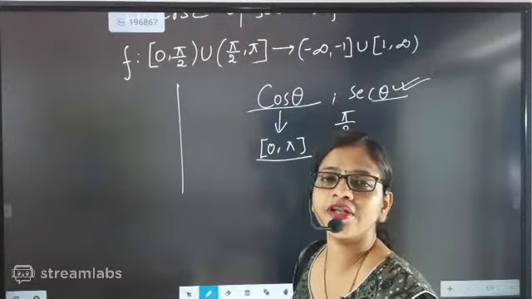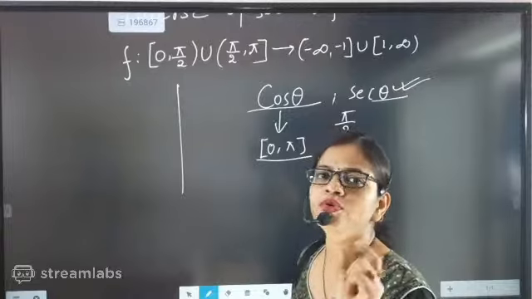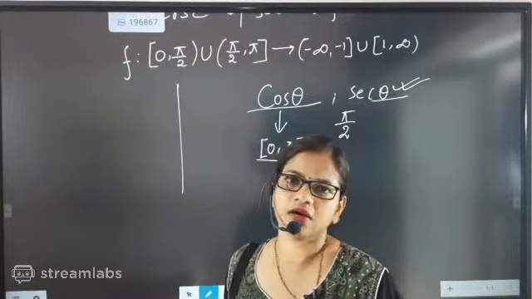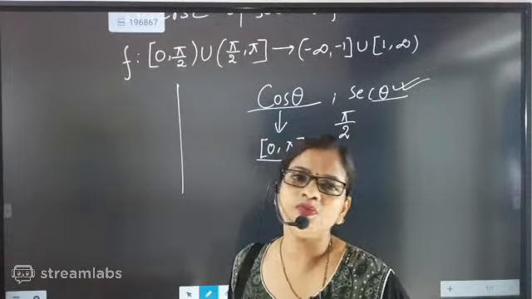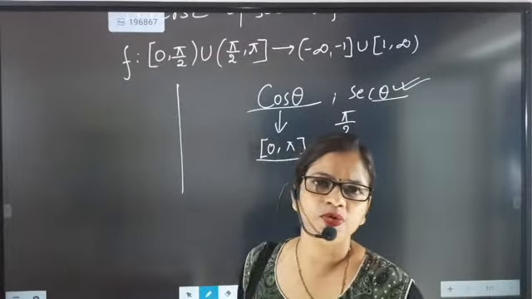It has to get converted into bijective. To do that, we need to make one change: we have to exclude pi by 2. Once you exclude pi by 2, it will automatically come into its proper form.